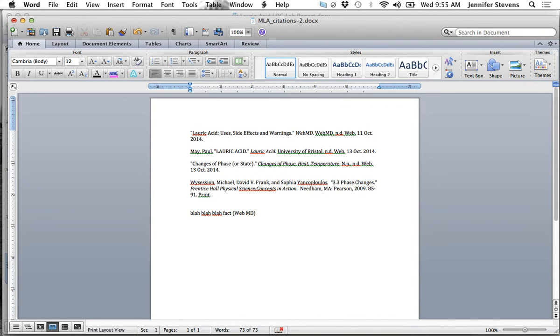It's a parenthetical citation. If I'm going to do it from the websites, that one is WebMD. The second one we would just do May. That's the author's last name. The 3rd one for the changes of phase or state, we're just going to call it changes. And for the textbook, you do have to do something a little bit different.